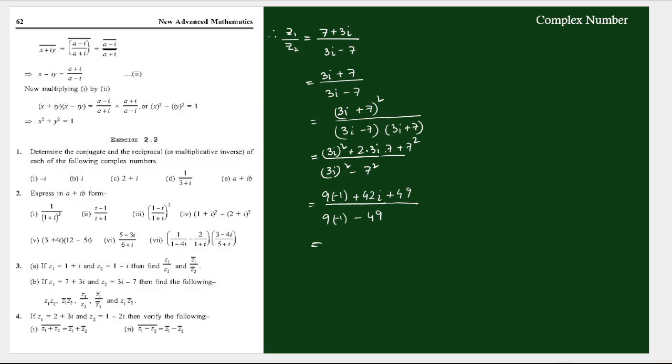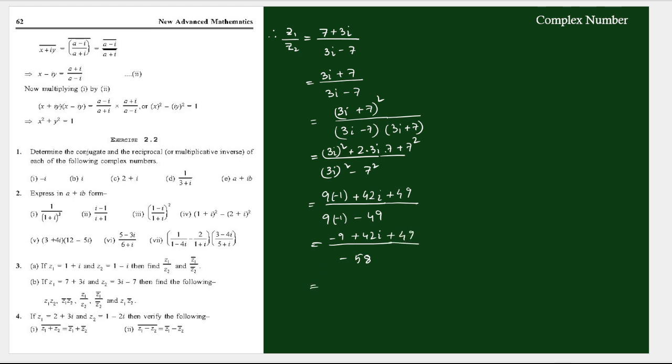Do we find something? So this will be how much? Minus 58, and here will be minus 9 plus 42i plus 49.